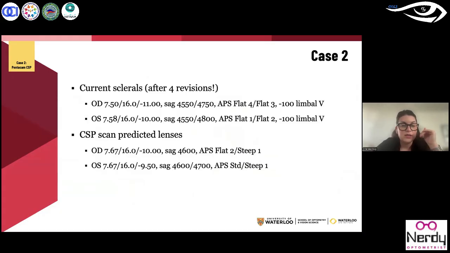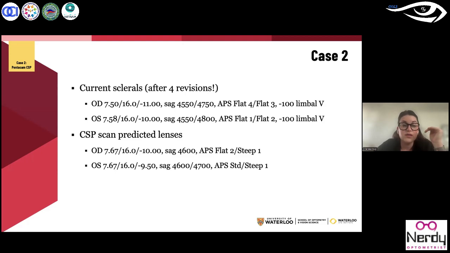To be honest, it's not crazy off. A little bit flatter base curve, sag a little bit different, and edges were different. But what I can tell you is with the first lens with the CSP, much better alignment.